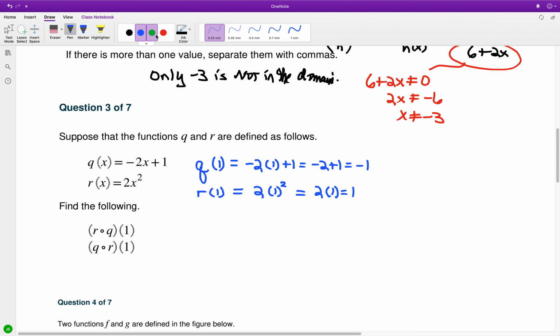Now in the case of the first composition, we have r composed with q of 1, so we're looking at r of q of 1. And we have q of 1 is equal to negative 1, so I'm looking at r of negative 1.